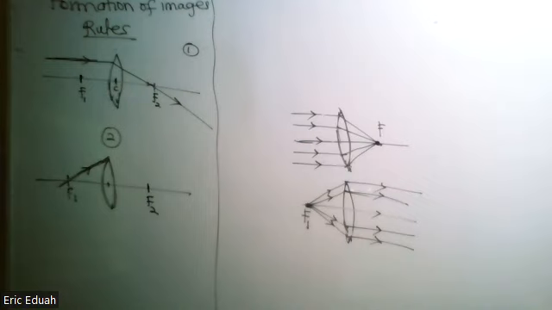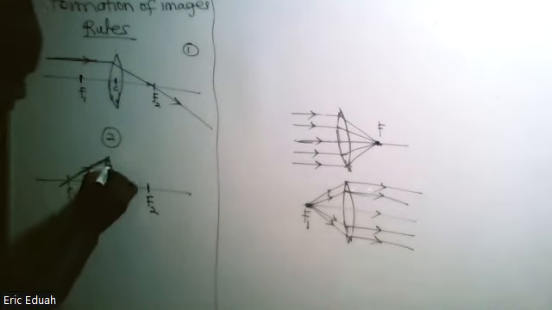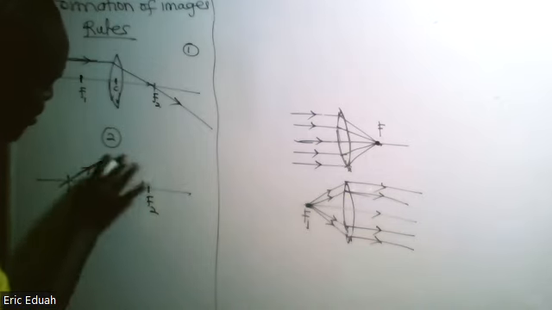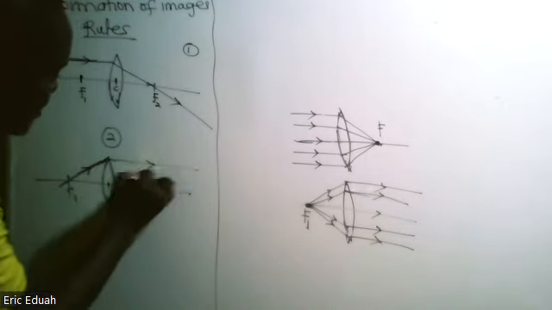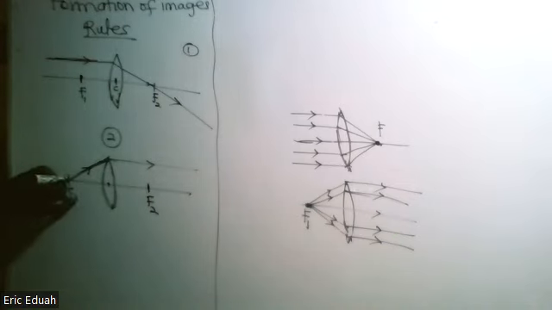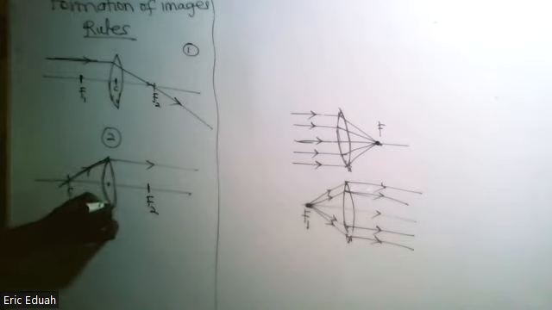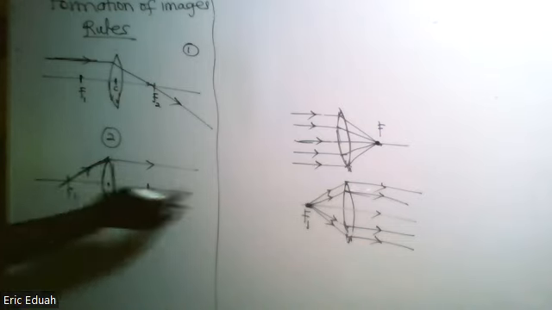It will be parallel to the principal axis. So once the ray is from or passing through the first principal focus, after refraction, the ray would have to be parallel to the principal axis.